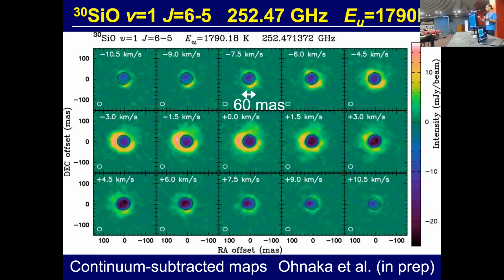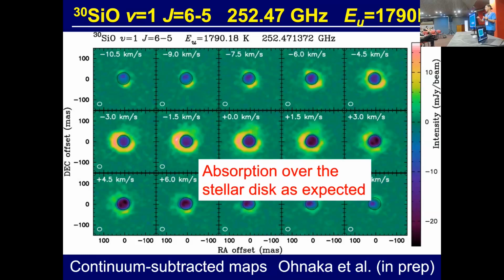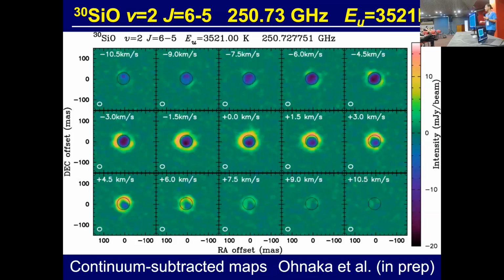Good, so nice. Let's go to another 30SiO line, the same channel map from -10 to 0 to 10 kilometers per second. And you can see again some inhomogeneous emission. But then inside the disk, in front of the star, you see dark blue. So this means absorption, which is fine, but around here, something happens.